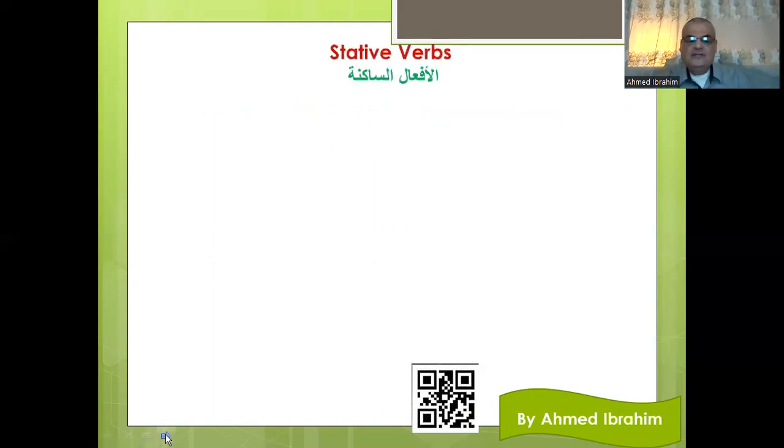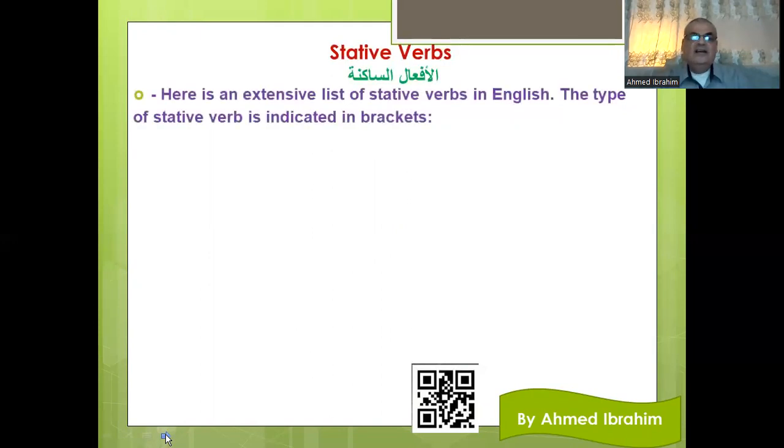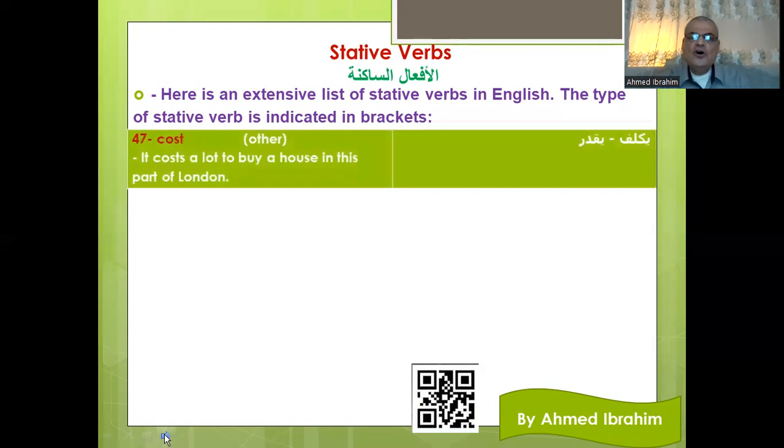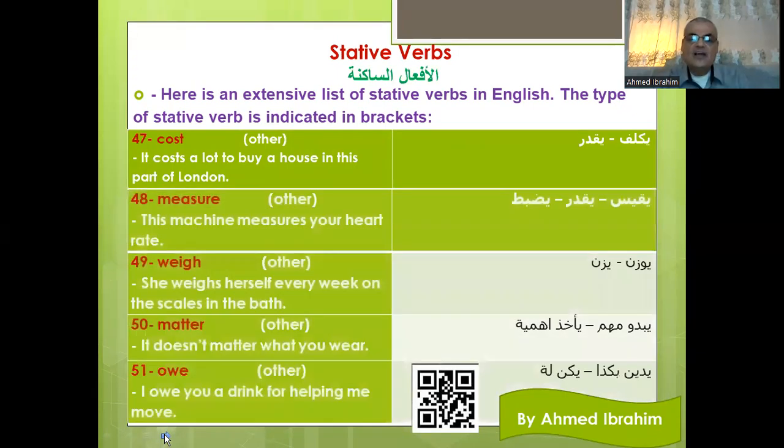Stative verbs. Here is an extensive list of stative verbs in English, and the type of stative verb is indicated in brackets. Cost. It costs a lot to buy a house in this part of London. Measure. This machine measures your heart rate.